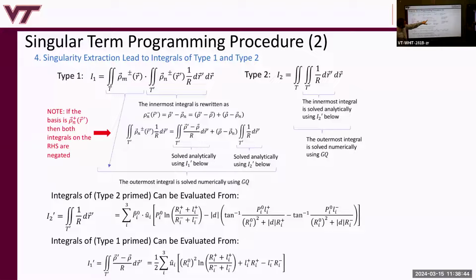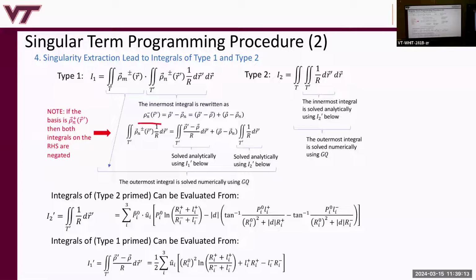Rho prime is the actual point, the source point, and rho n is the vector itself, I believe. Then we can write that as rho prime minus rho plus rho minus rho n. If you do this, you get minus rho plus rho, and you just get rho prime minus rho n, right? So this is what it is.